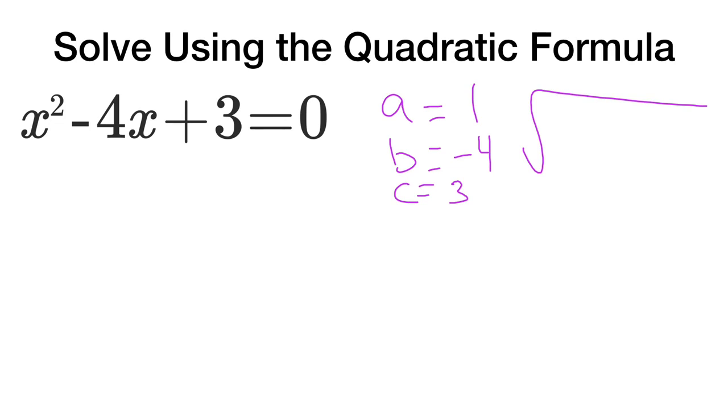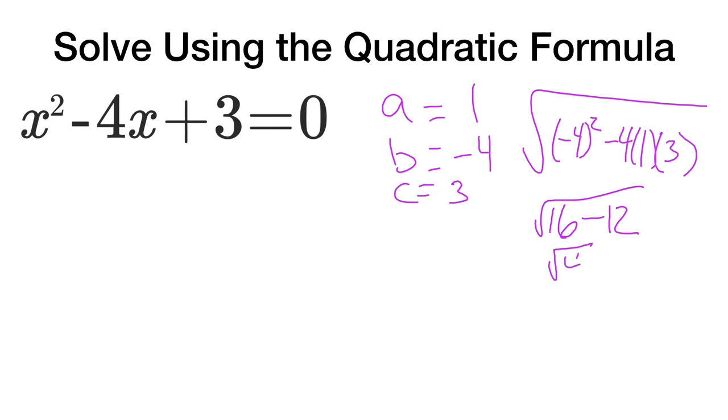So let's see, my b is negative 4, so negative 4 squared minus 4 times my a is 1 and my c is 3. So negative 4 squared is 16 minus 4 times 1 times 3 is 12, which means square root of 4 or 2.